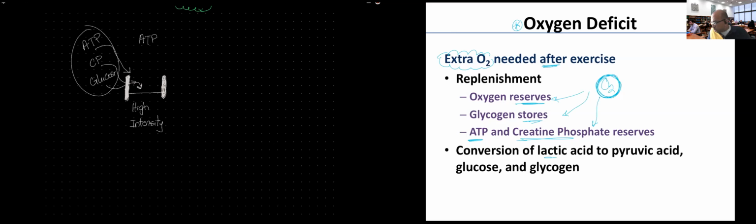I will need to transform the lactic acid to pyruvate again to glucose and to be stored as glycogen. I need to restore all what I have consumed. I need to repay my debt. All right, this is what we call again the oxygen deficit.